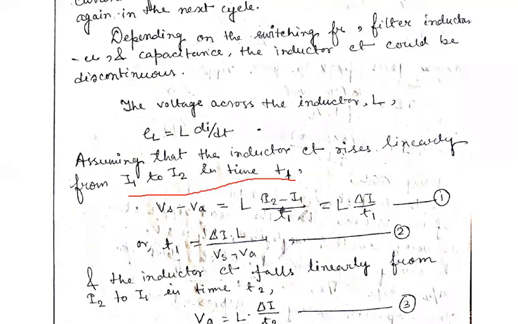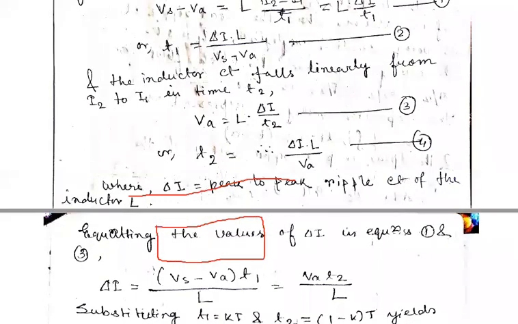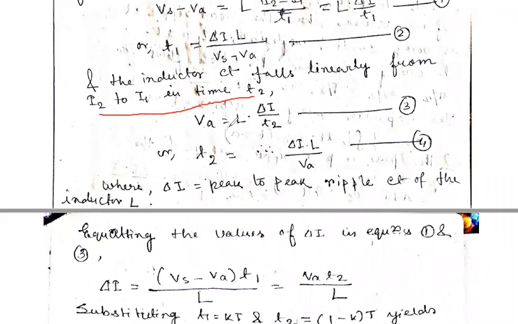So from this equation, Vs minus VA equals L delta I by t1, we get the value of t1, which is nothing but delta I L by (Vs minus VA). And again we see that the inductor current falls linearly from I2 to I1 in the time t2.